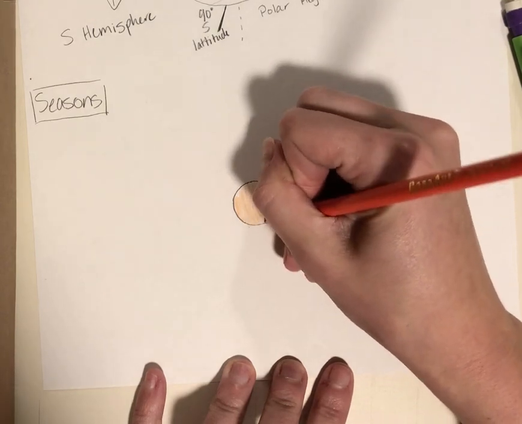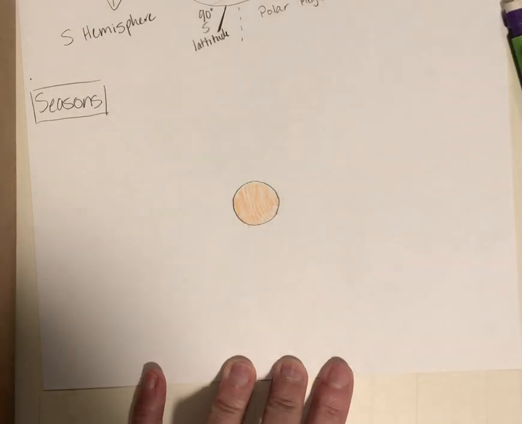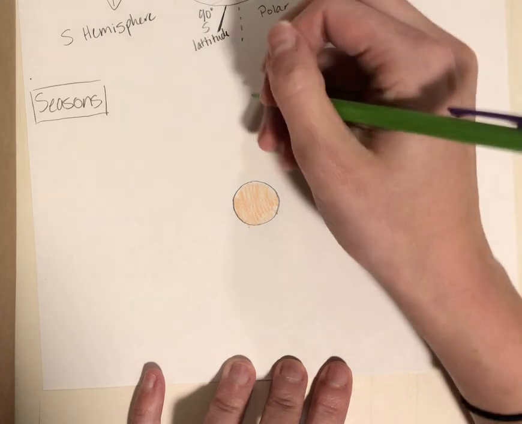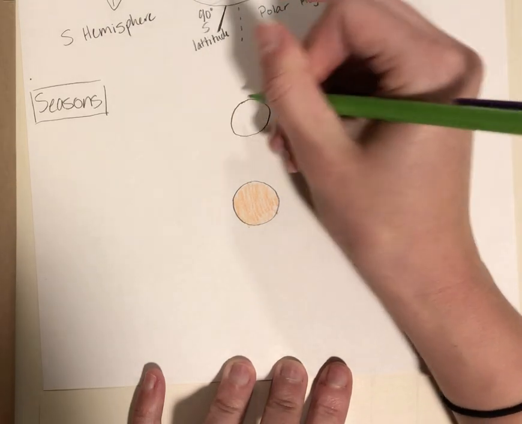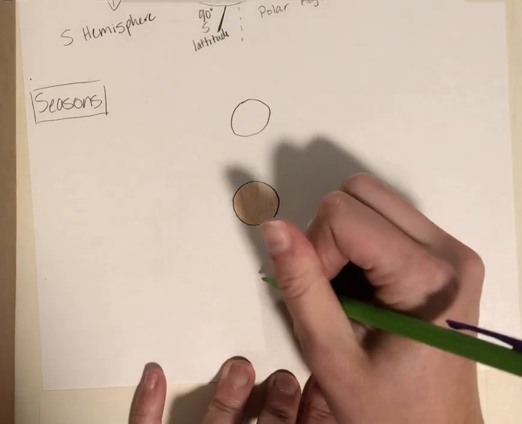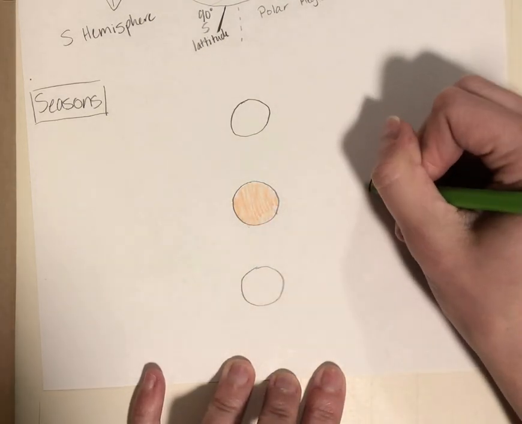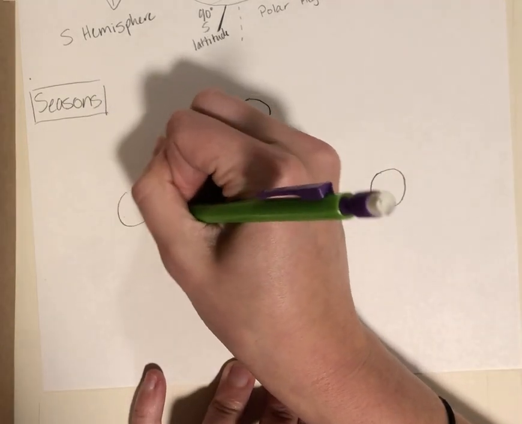So I'm drawing our sun orange. Okay. And then I'm going to have another Earth up here. One down here. One over here. And one over here.